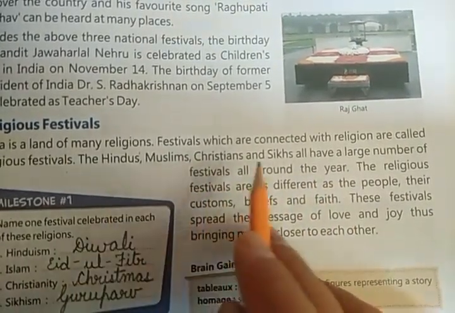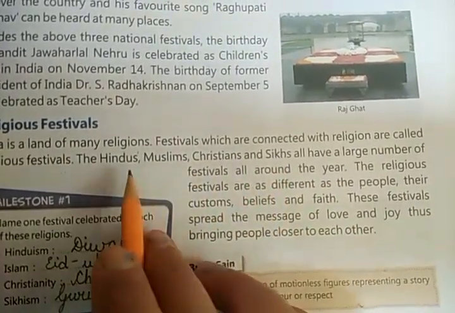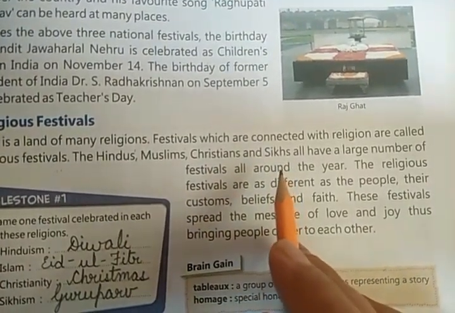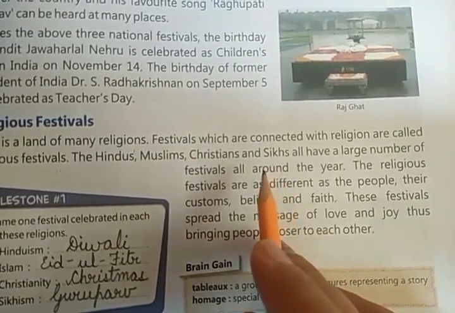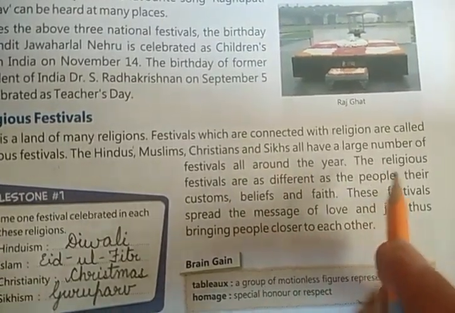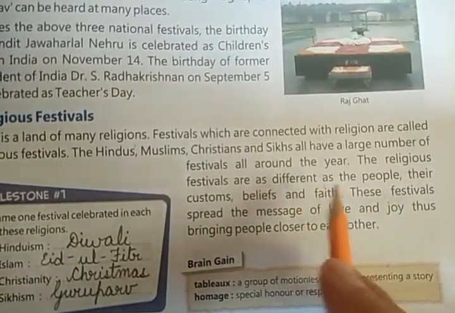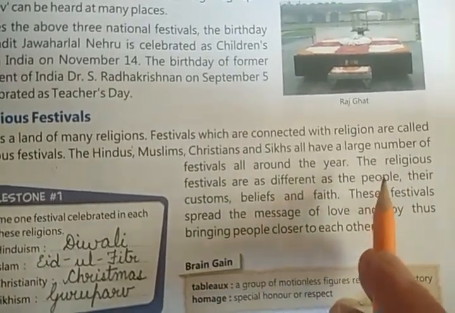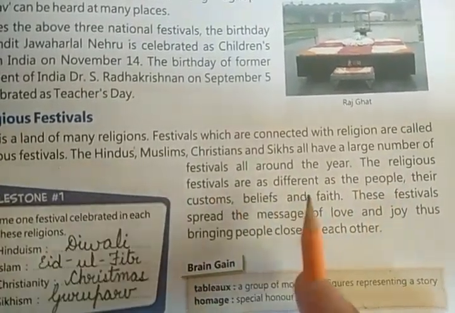Now all these communities, Hindus, Muslims, Christians and Sikhs, celebrate different kinds of festivals related to their religion. The religious festivals are as different as the people, their customs, beliefs and faith. Now these religious festivals are different from each other.